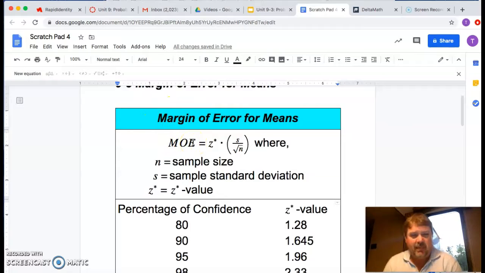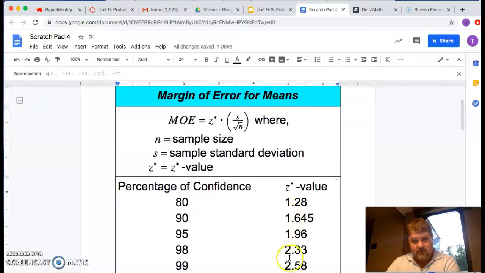So like I said, this has to do with a sample. And notice when we start looking at these variables, this Z star is actually a value that lives in a table. It's no mystery, because in the problems you're going to get, they're going to tell you the percentage of confidence they want. All of these are going to have to do with samples, because if you really want to know a mean, you can find one if you know the whole population.